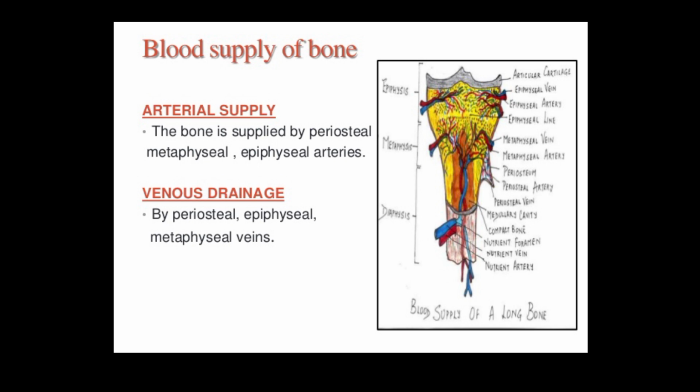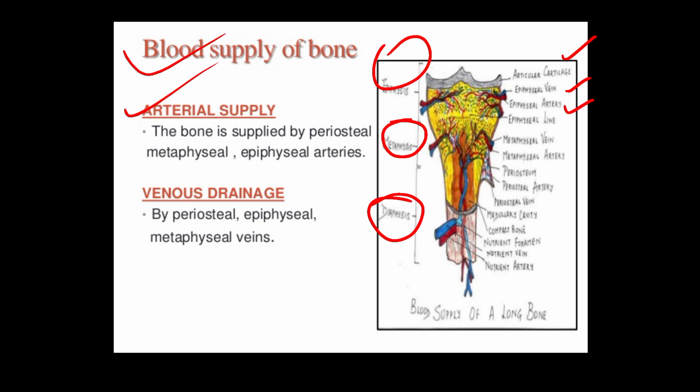So we can see the blood supply, that is the arterial supply, where the bone is supplied by the periosteal, metaphyseal, and epiphyseal arteries, which we can see in this photograph. There is the epiphyseal artery and epiphyseal vein, the articular cartilage, the epiphysis, then below that the metaphysis, and then below that the diaphysis.